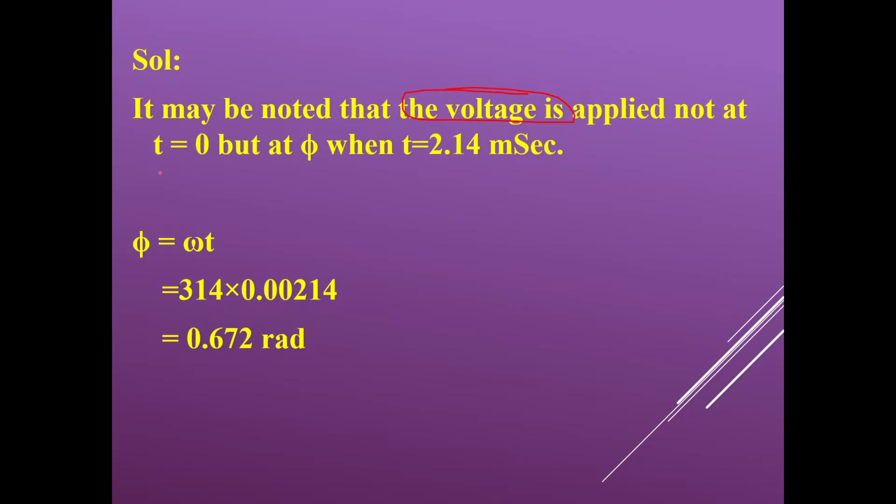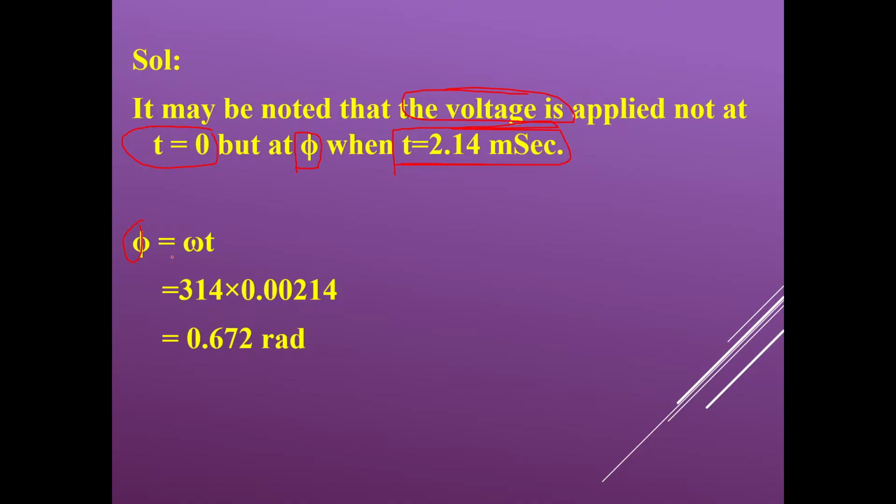What we can see here is that the AC sinusoidal voltage is not applied at t equal to 0, but with some phase delay. It is applied at time 2.14 milliseconds. So what is that phase delay?